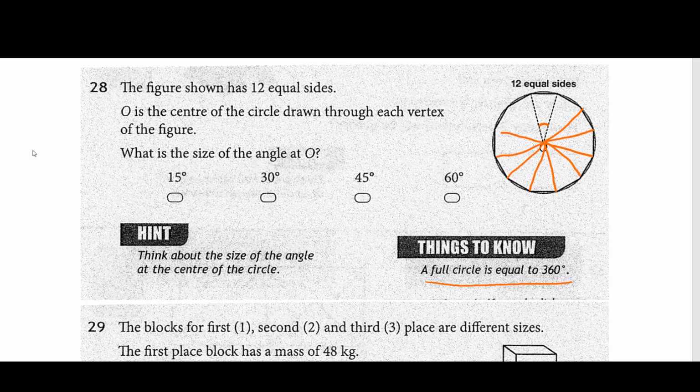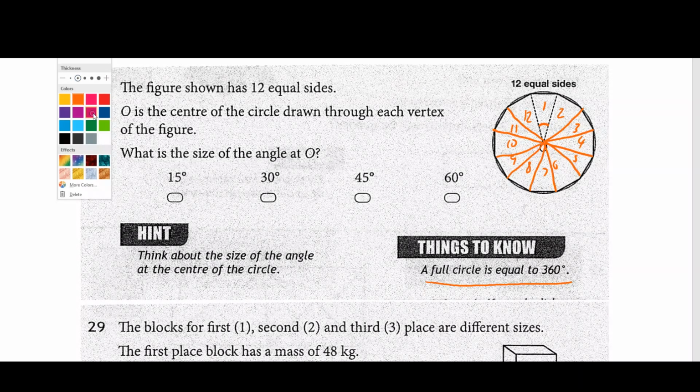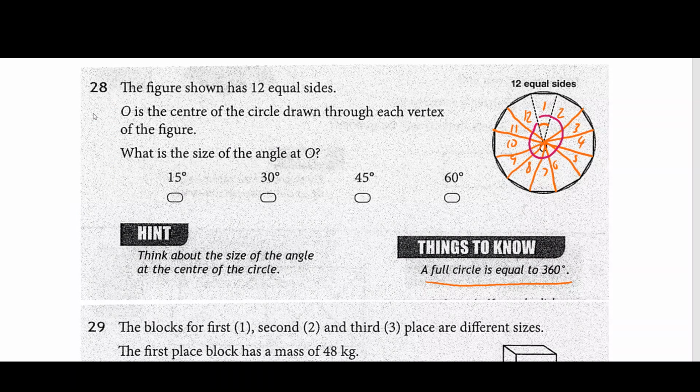So here's our slices. We've got 1, counting them out, 1, 2, 3, 4, 5, 6, 7, 8, 9, 10, 11, and 12. Okay, so we're going to do the whole circle, the whole way around.